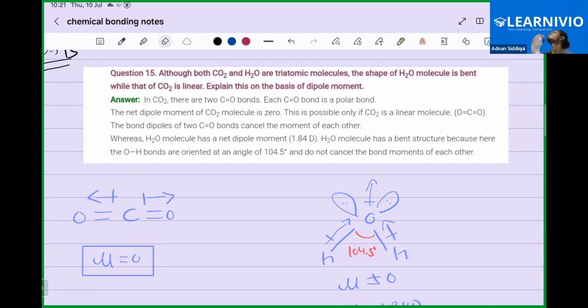Because the difference is the difference of the electronegativity of one carbon and two oxygens. Should we account two oxygens or only one oxygen for the electronegativity?